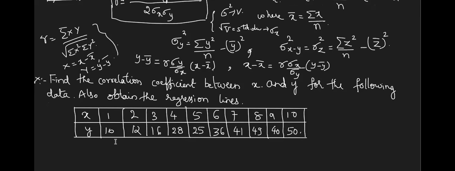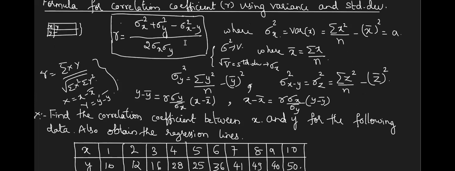Now just see here, we have to calculate this. What is required here? First, what we need to take. They have given x and y values. What is required? X bar and y bar. X bar and y bar depend on the x values.